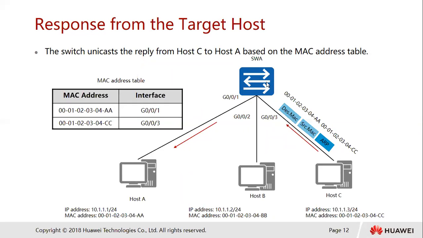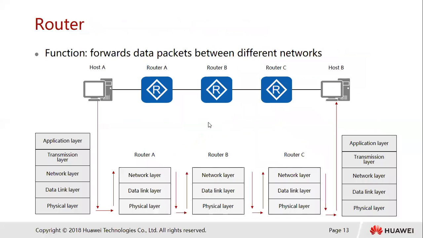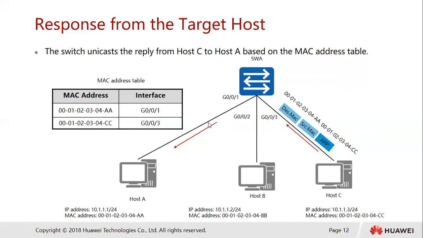It will open the frame and check the destination MAC address, and then compare it with the information that it has in the MAC address table. The MAC address table shows that this MAC address was learned through this interface. So it will forward this information through this port here. That's how things work.